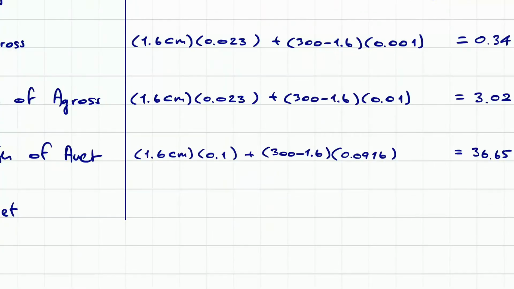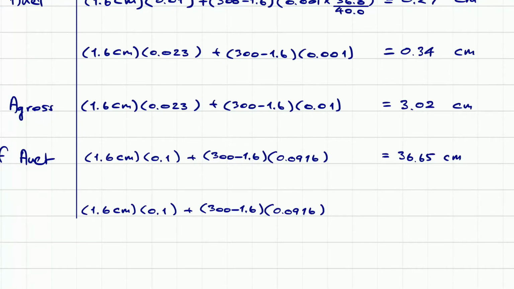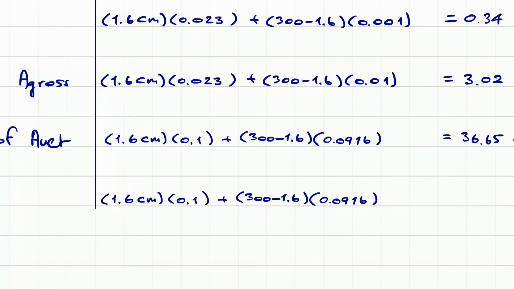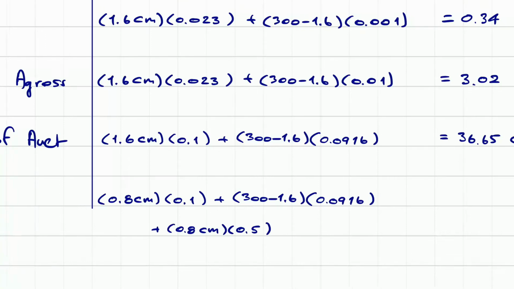Now we come down to the fracture of A net. As I remind you, the fracture will not break simultaneously for the two holes. So one hole experiences the maximum strain at the ultimate level, whereas the other hole, 0.8 centimeters, is experiencing the fracture strain.